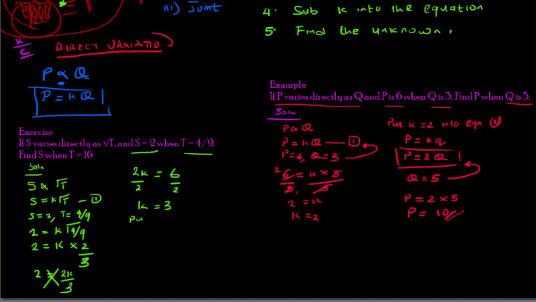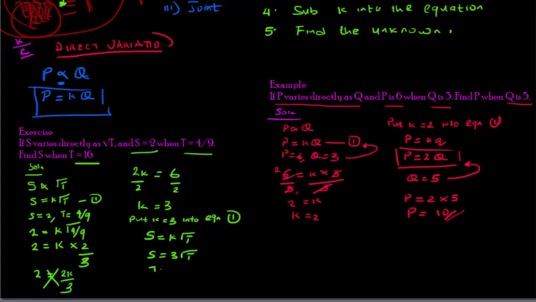So the next step is to substitute k into the equation. So put k = 3 into equation 1. So equation 1 is s = k√t. So s = 3√t. Then the last step, find the unknown. Find s when t is 16.